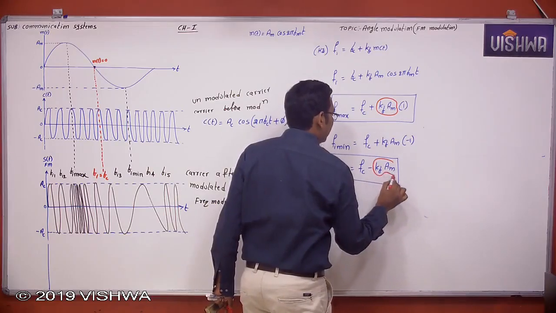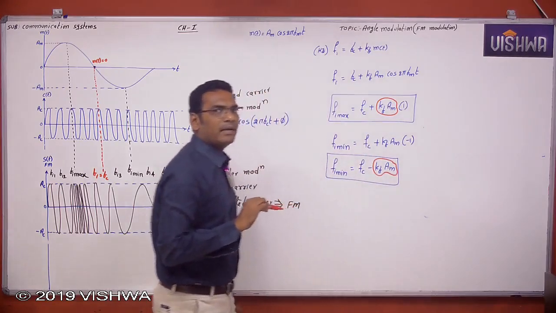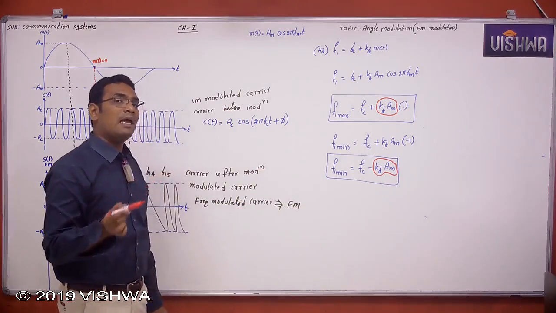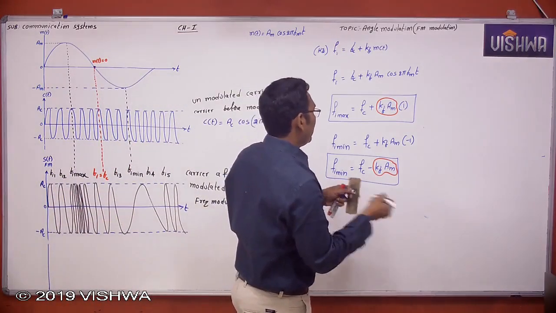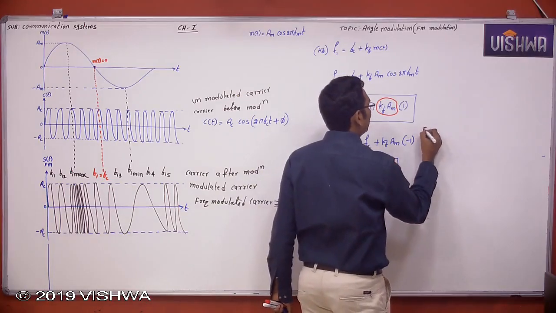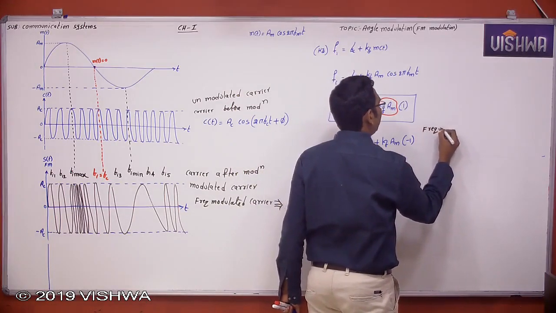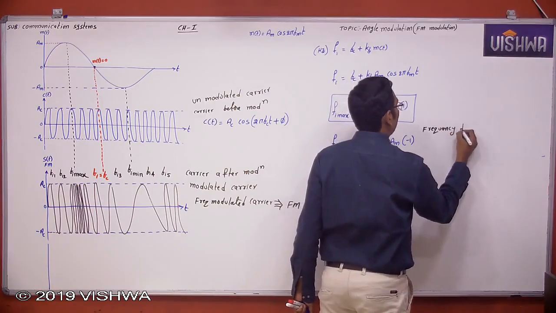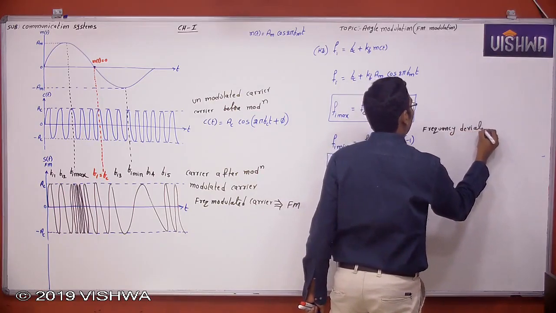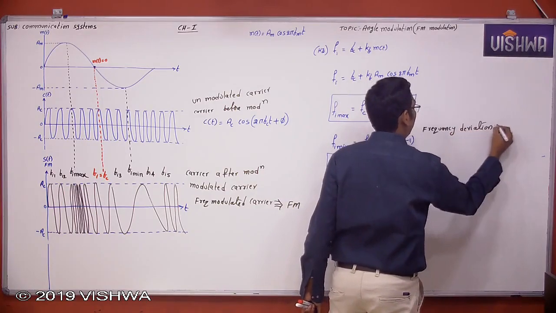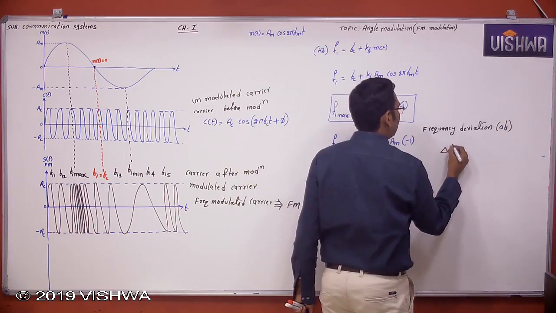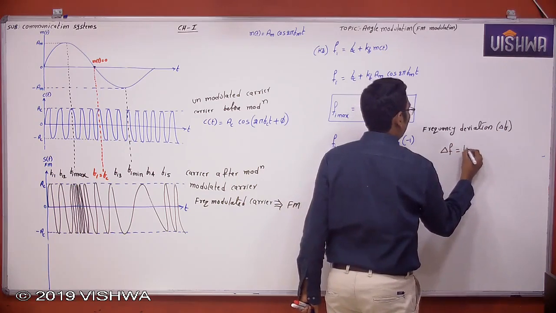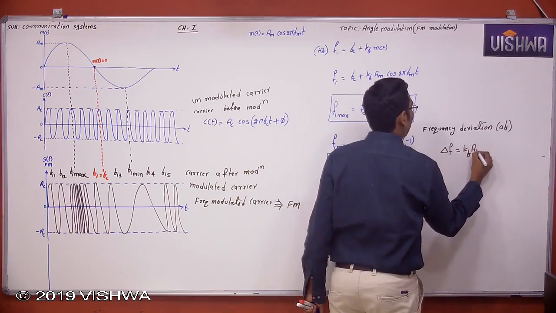So this deviation is called the frequency deviation, represented by delta F, which is equal to Kf into Am.